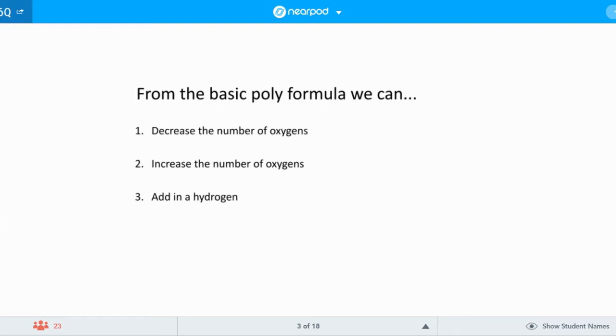The second thing we can do to the polyatomic ion formula, those 8 ATE formulas that we've been looking at, is add in an extra oxygen. And then the last thing we're going to look at is what happens to the formula when we add in a hydrogen. So the first things we're going to do is manipulate the oxygen numbers and then manipulate by adding in a hydrogen.